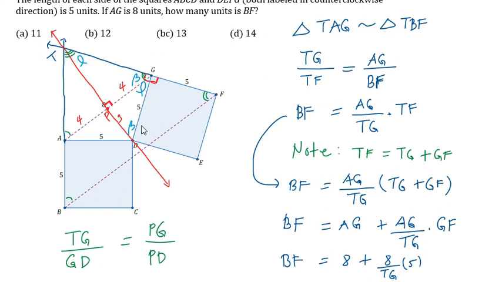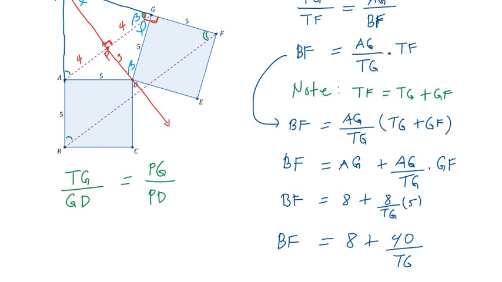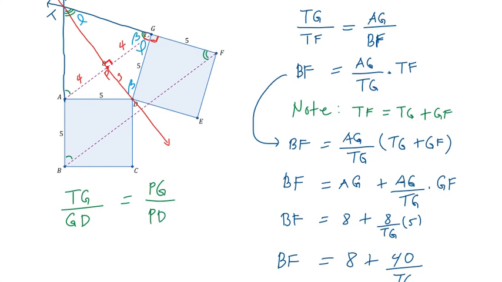Seeing that one side is 4 and the hypotenuse is 5, automatically the other side must be 3, if you know some of the Pythagorean triples. Let's substitute the values in this equation. TG is the unknown side.